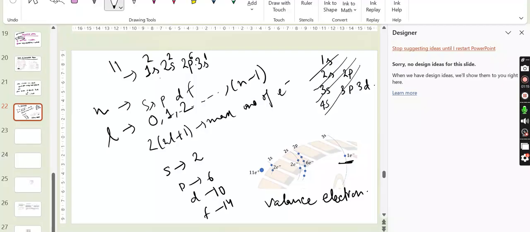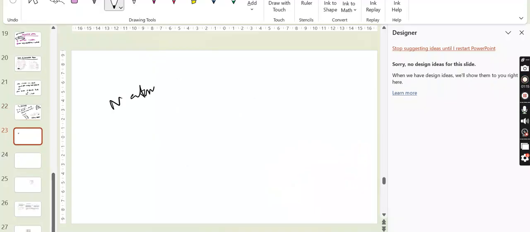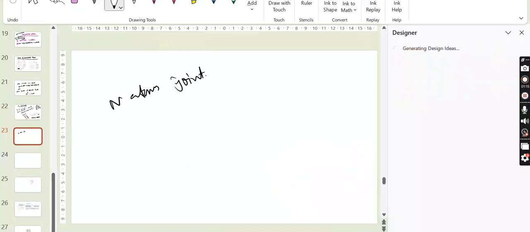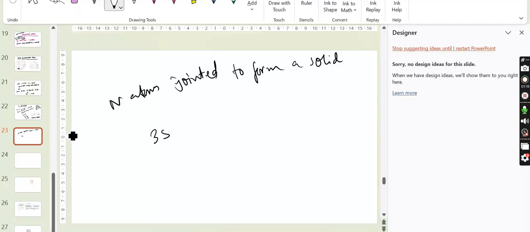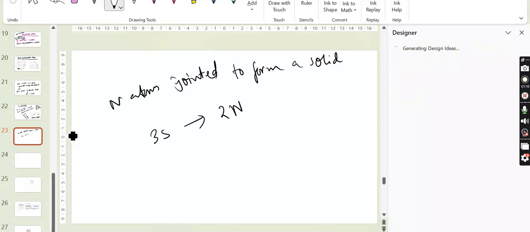If n atoms have joined together to form a solid, this 3s band can have a total of 2n electrons. Only n electrons reside in the 3s band.